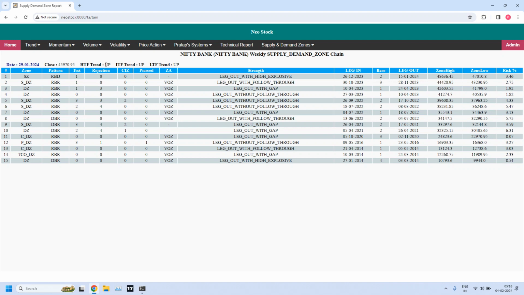And moreover, it is bullish because all the trends are very strong. Maybe in this report I can also add, apart from trend, price direction also. Maybe I can update in the coming days.